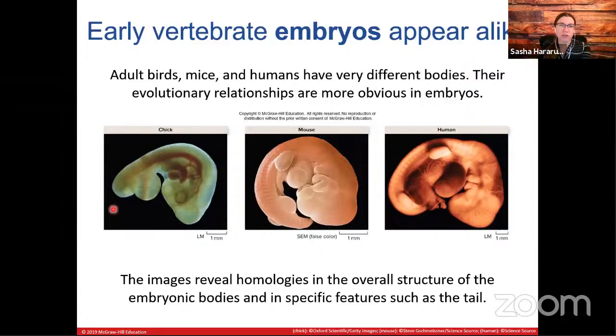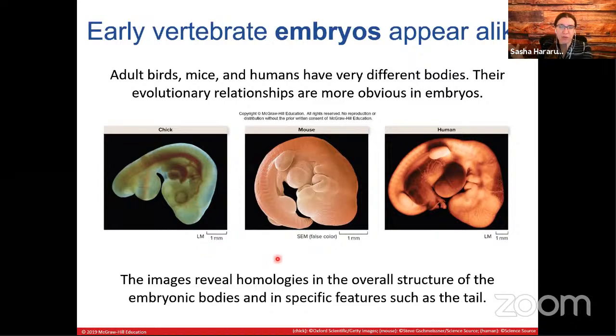So in this picture, there are 3 embryos. One embryo is of a chick, another is of a mouse, and a third is of a human. Note that all of the embryos, the chick, mouse, and human, have tails as well as other similar homologous structures.